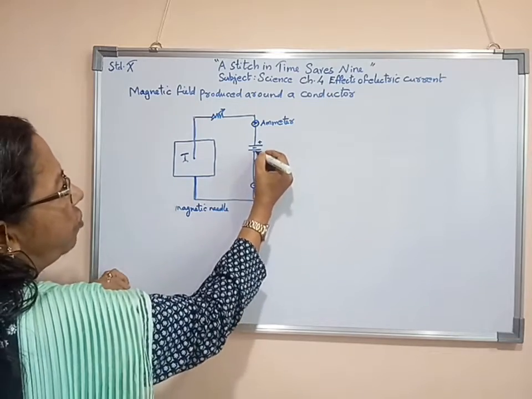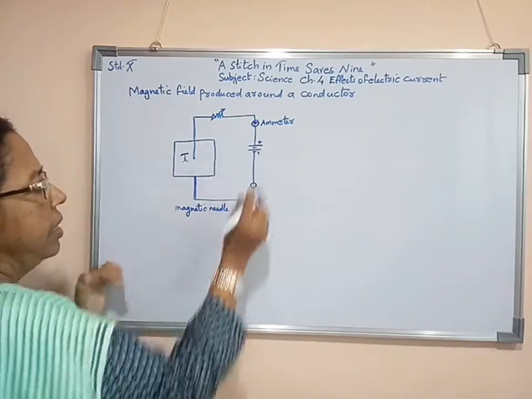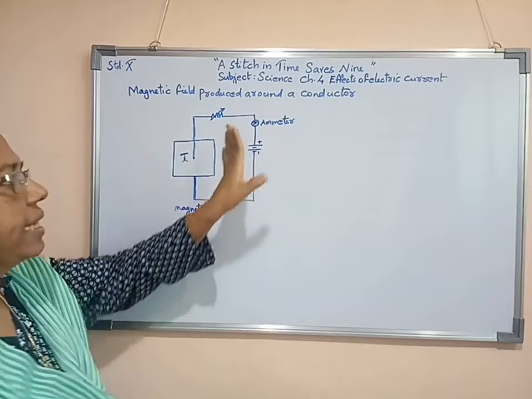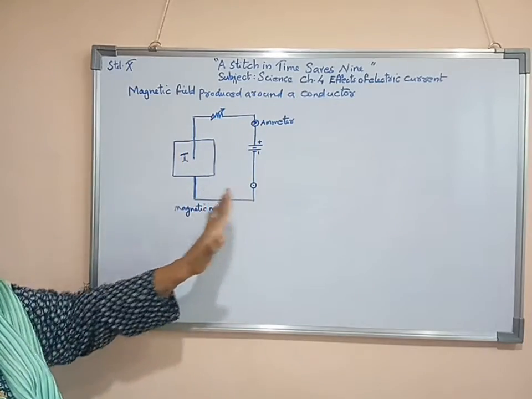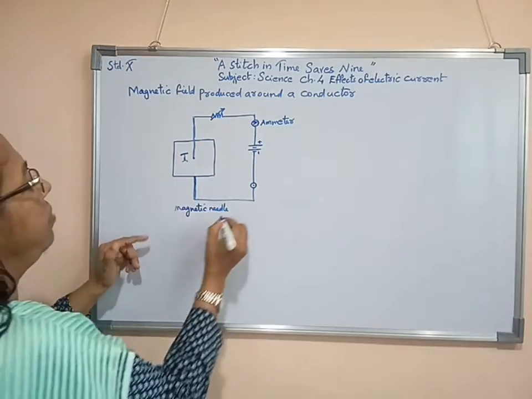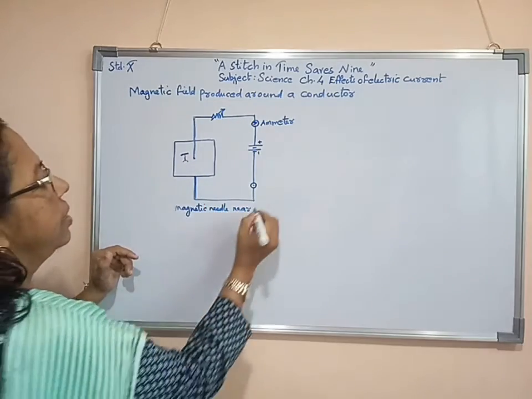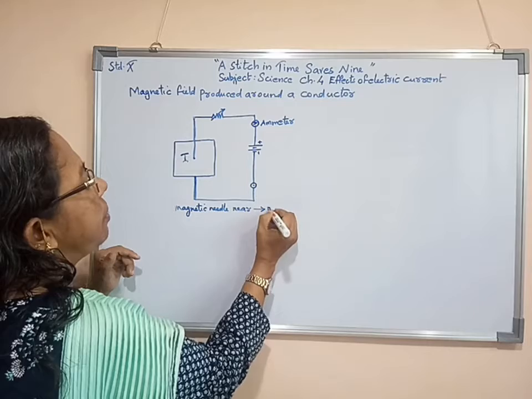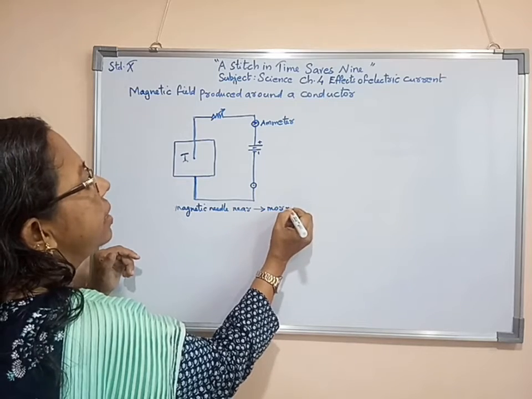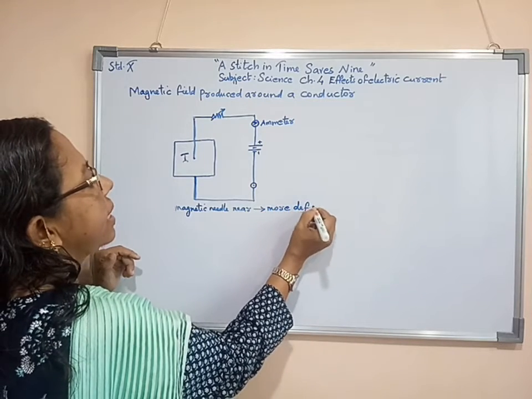Current flow is in a fixed condition, that means two cells are connected. At the same time, when we keep the magnetic needle near the conductor, there will be more deflection on the magnetic needle.